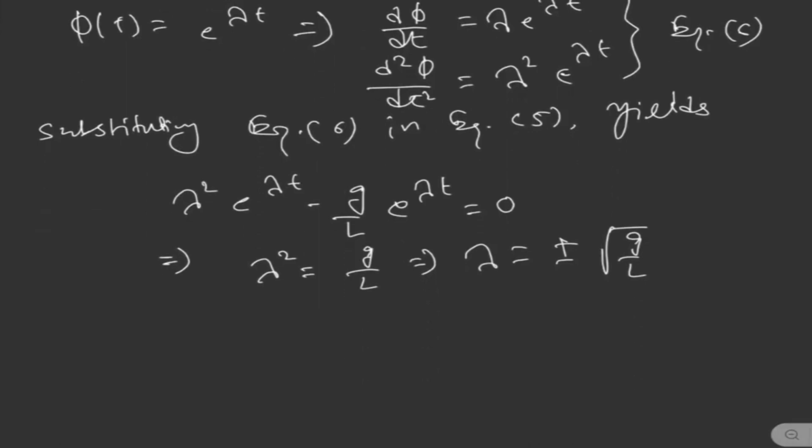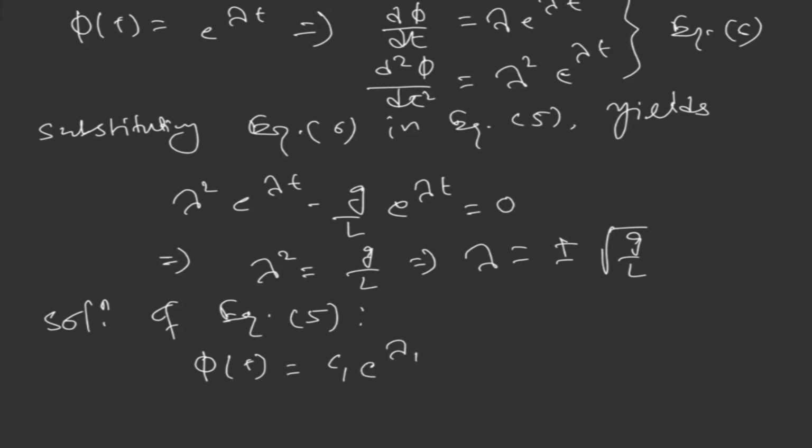The solution of equation 5 can be written as phi of t equal to c1 e to the power lambda 1 t plus, because there are 2 roots, lambda 1 equal to plus root over g by L, and lambda 2 equal to minus root over g by L, we can write c2 e to the power lambda 2 t. And this is the solution for the second equation, equation number 5.